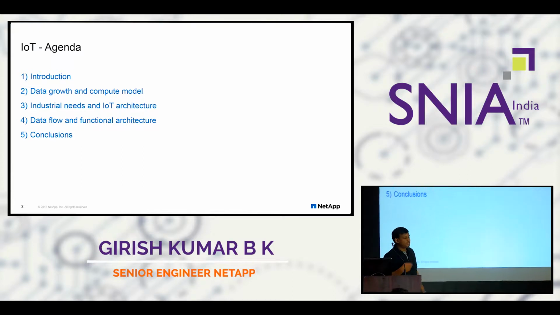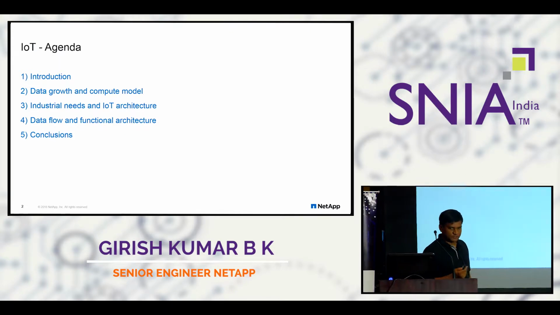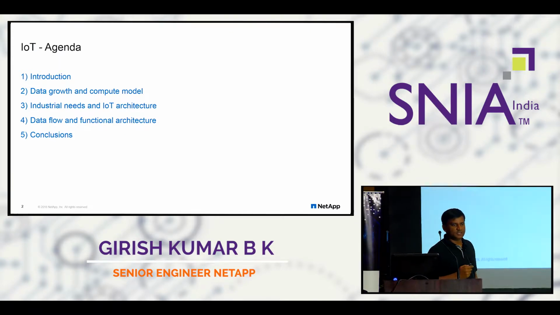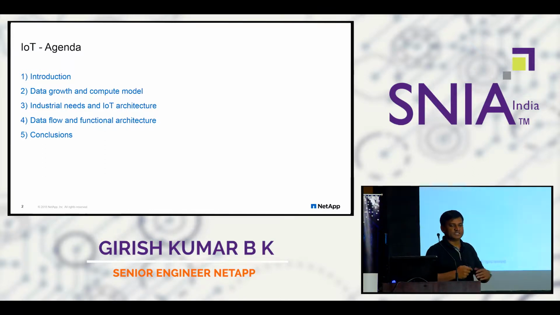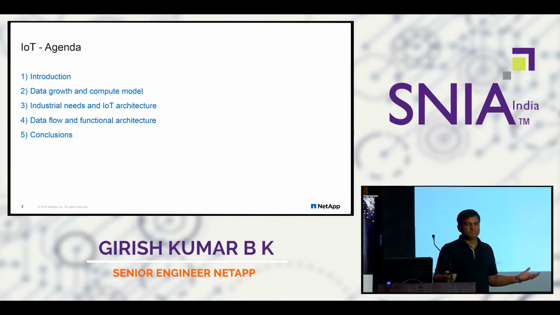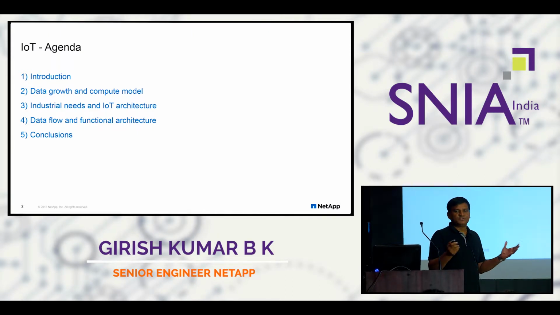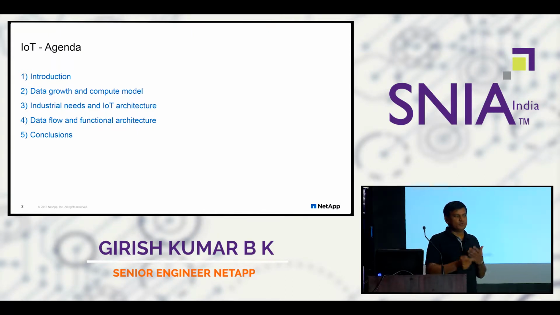So I'll dwell into that, and then I'll talk a little about some of the data flows, how as I said, the data is coming from several devices. In some context, it could be millions of devices. In some context, it could be large data but few devices. And how do you cope with that?